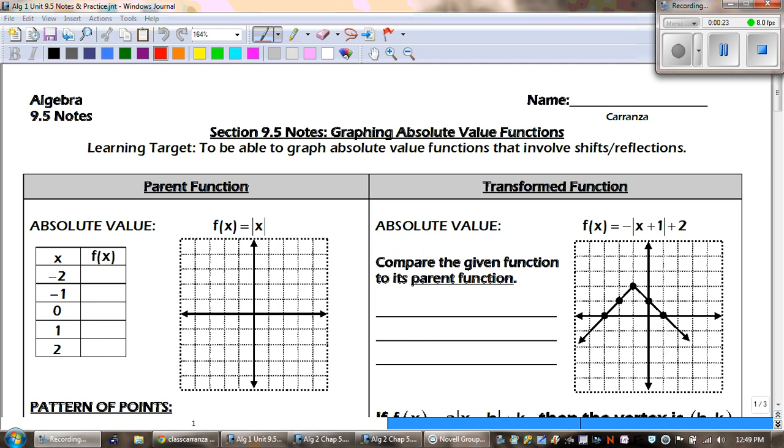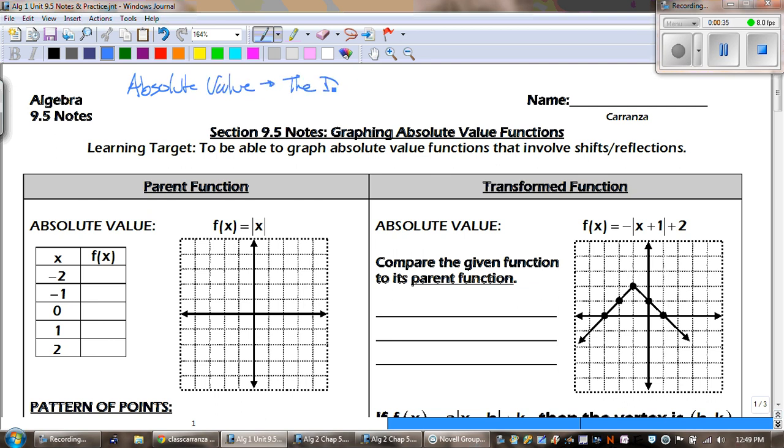What's an absolute value? The absolute value is the distance a number is from 0.